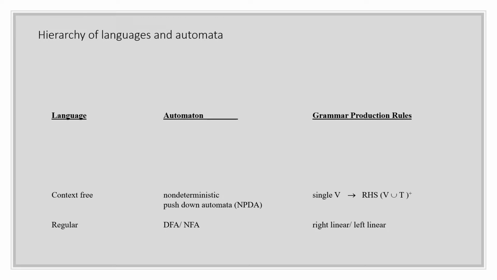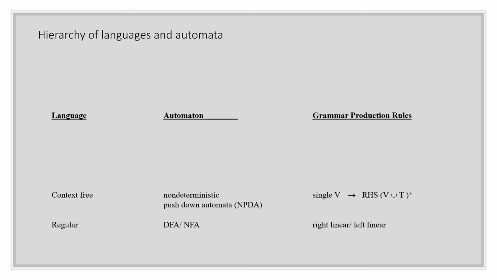The big thing we're adding now is a stack, so we can store some information, whereas a DFA only knows the state that it's in. You can't count anything or keep track of anything; you consume a symbol, or you do a lambda transition and don't consume a symbol, but you don't count how many A's you've consumed, or keep the string you've consumed so that you can copy it again. You can't do that with a DFA or an NFA.